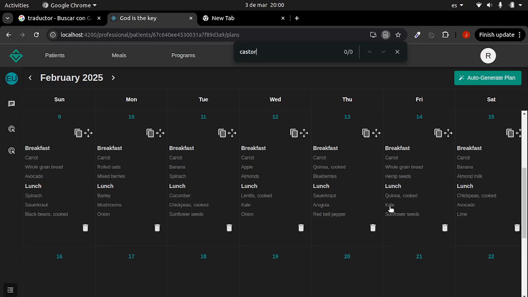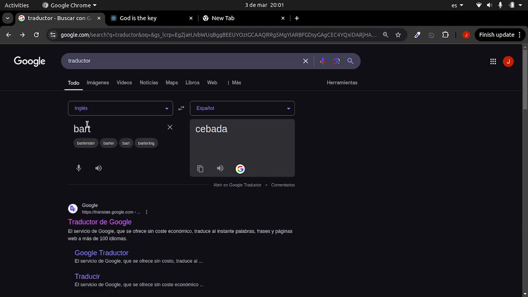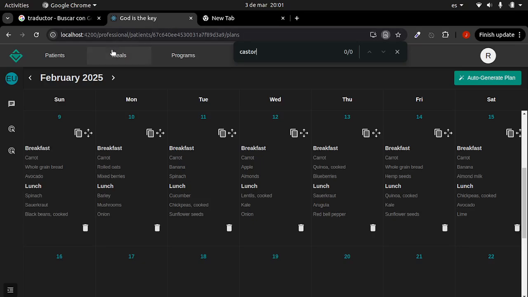We have here one green, arugula also, kale again, onion, barley. What is barley? I don't remember what is barley. Barley, really barley? I finally remember what barley is, but I don't know if it is right to recommend barley, but GPT responds in that way. GPT also responds spinach, sauerkraut. It is okay.